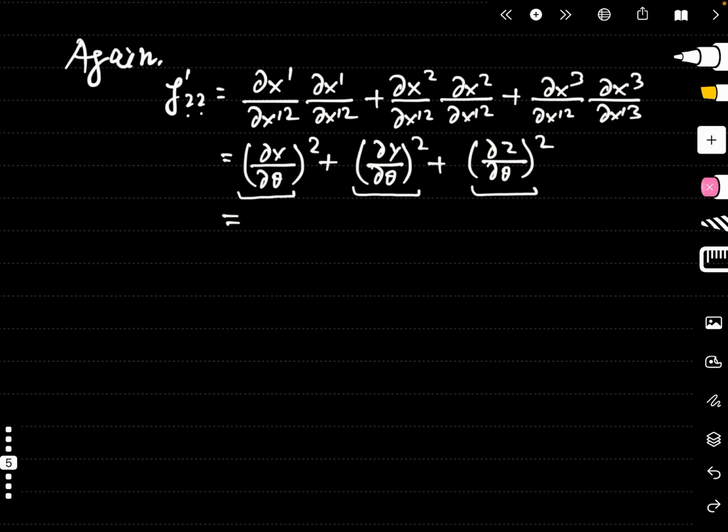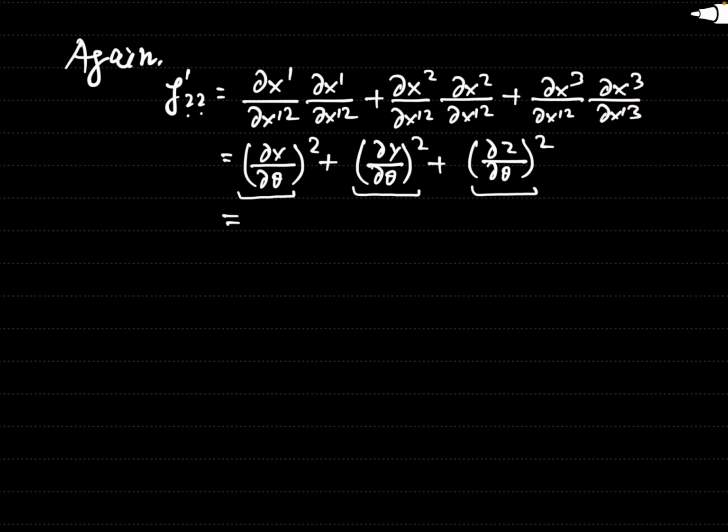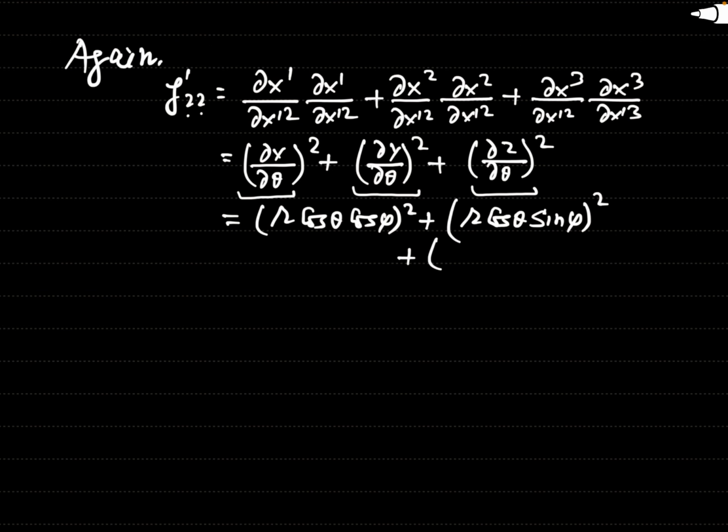So del x by del theta, from the transformation equation, this will be r cos theta cos phi, squared, plus del y by del theta, which is r cos theta sin phi, squared, plus del z by del theta, which is minus r sin theta, squared.